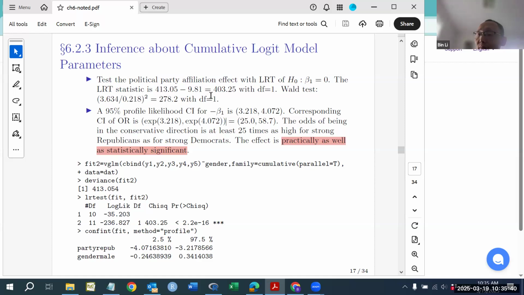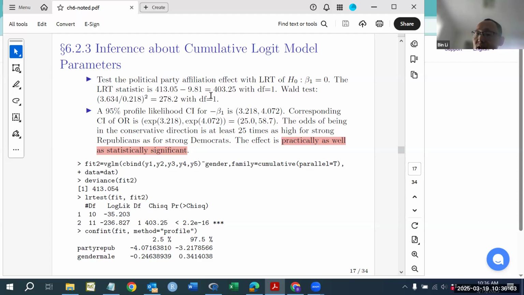So we can just shift the curve either to the left or to the right, so that all these different categories for the cumulative logit model will have exactly the same curve. They will have the same shape.